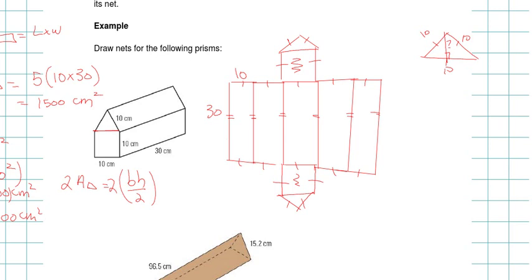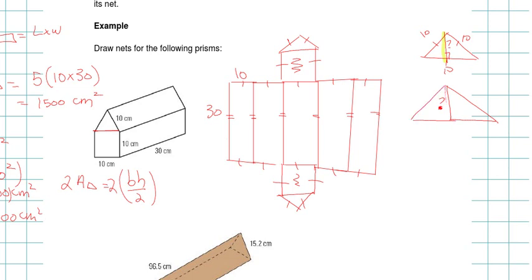Right? Something that we learned in the previous unit. Okay, eyes on the board for a second. Are you trying to find the perimeter, right? No, I'm trying to find what that height is.